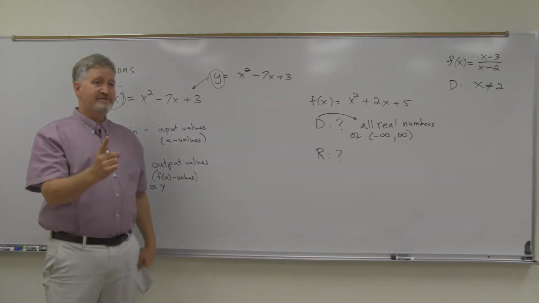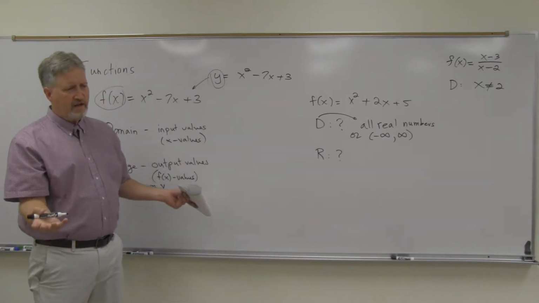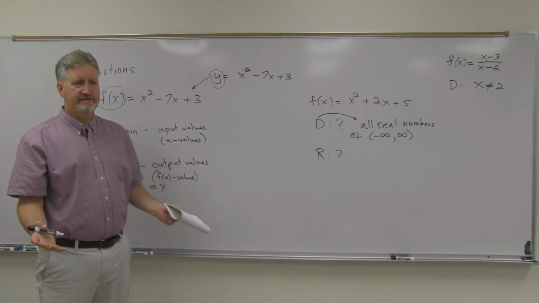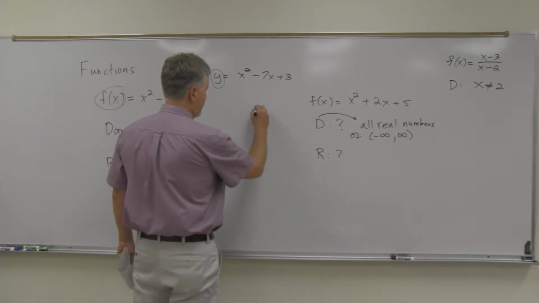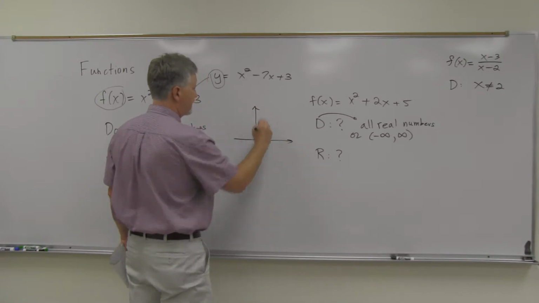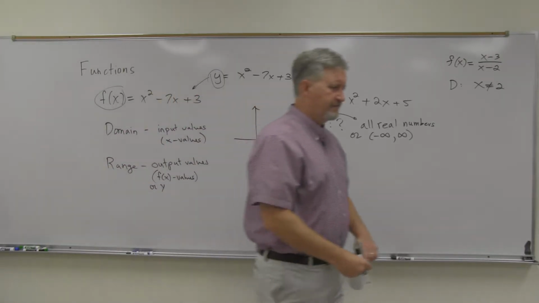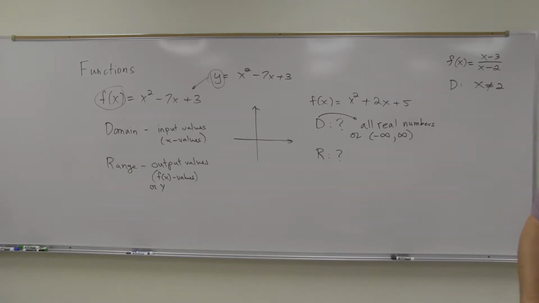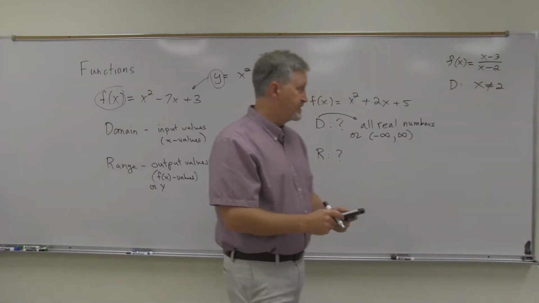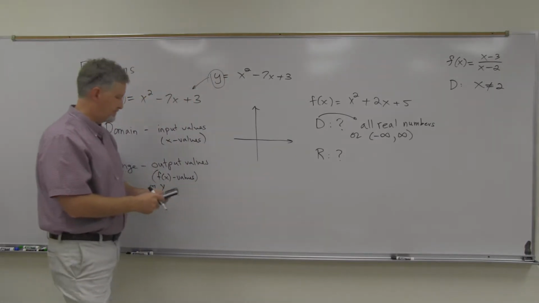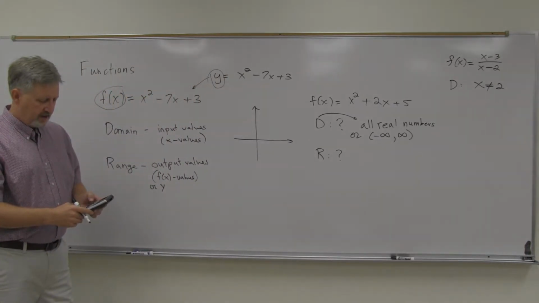Now the range, probably you'd want to graph this out, and so use your calculator or graph it by hand, whatever. If I look at the graph of this one, it would probably help me explain what the range is. It's the y values that I'm looking at on that.